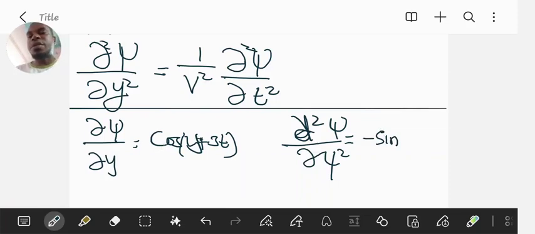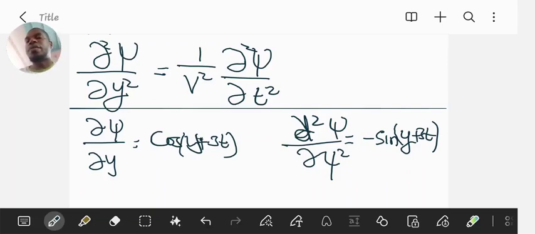If you differentiate cos, you'll get a negative sine. So you plug in the value 3t and close the bracket, which is very essential. Thank you very much. So this is the first step that we needed.